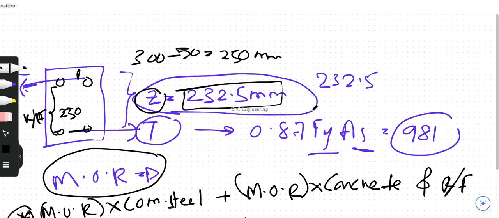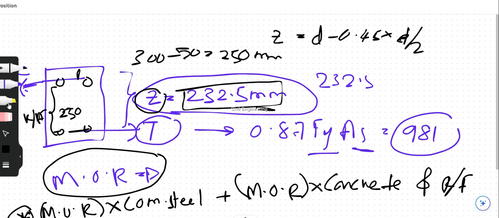That's the value we took here by using this equation, d minus 0.45 into d over 2.